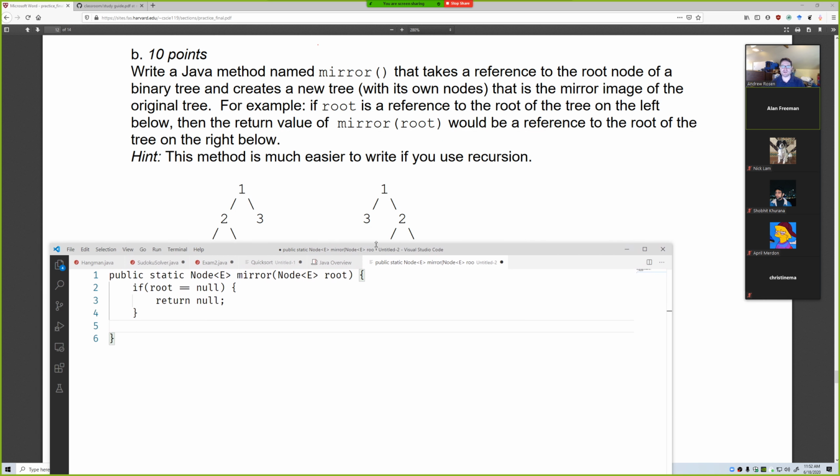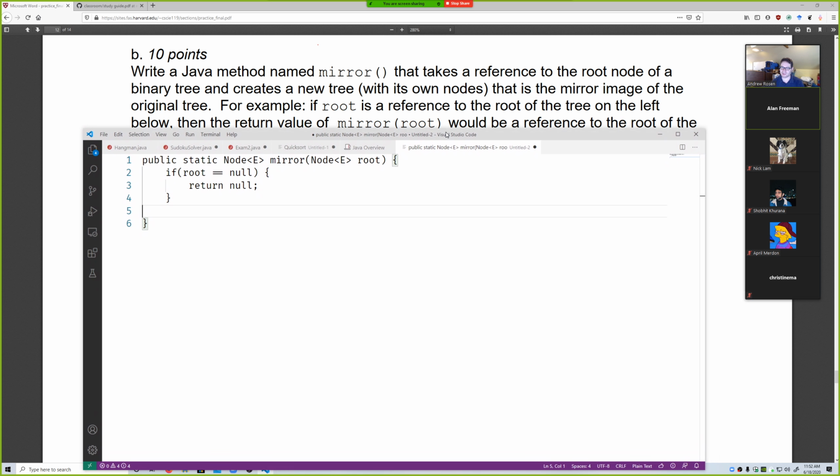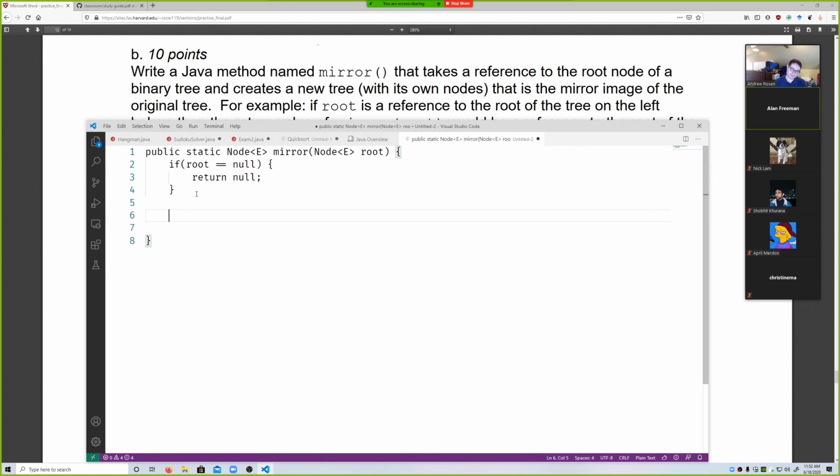Otherwise, we need to make a new tree that's a mirror reflection of the left subtree and the right subtree. So Node E newRoot is equal to new Node, root dot item.